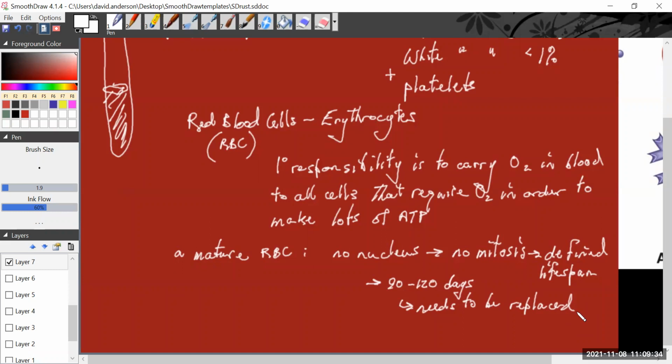So it's a responsibility of a hormone that we're going to talk about in just a few more minutes that will ensure that the bone marrow is being signaled to continue to make enough red blood cells to meet demand. So this red blood cell is very unique because it's really the only example that I can think of right at this moment of a cell that doesn't have a nucleus. That's a very rare scenario as far as that goes.